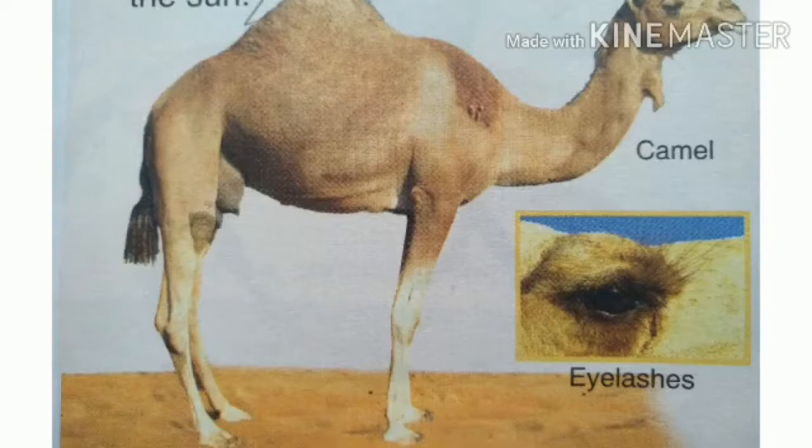A camel lives in the desert. Its long legs keep the body away from the hot sand, while its thick lips and tongue help it to eat the thorny bushes found in the desert.